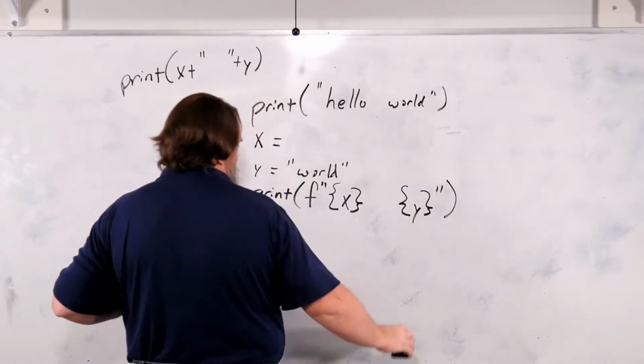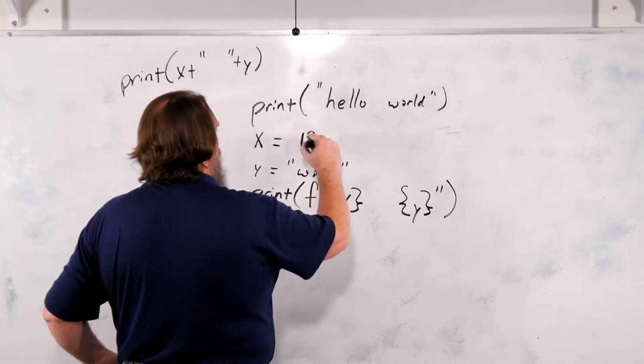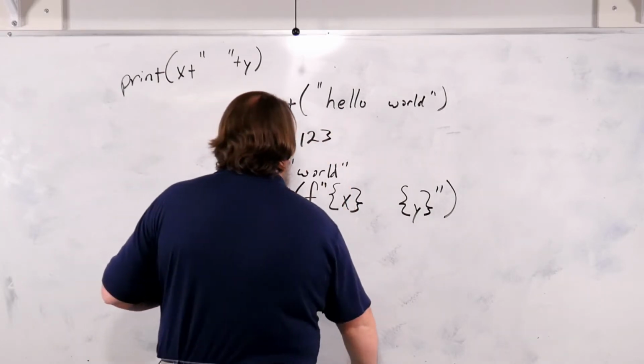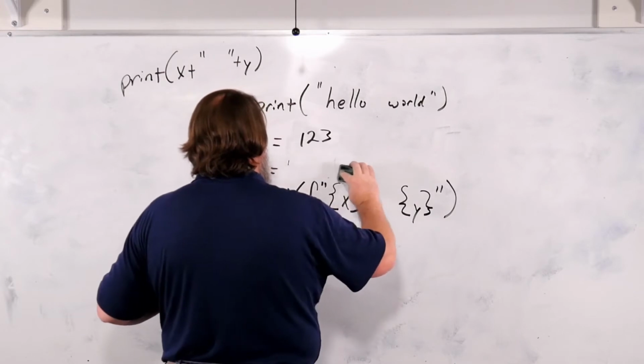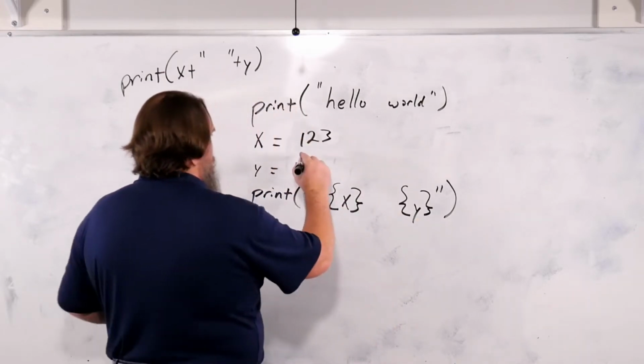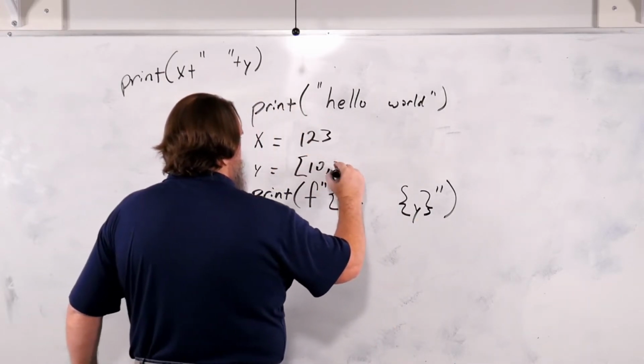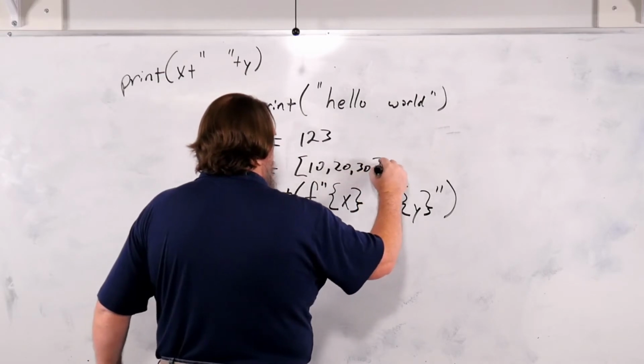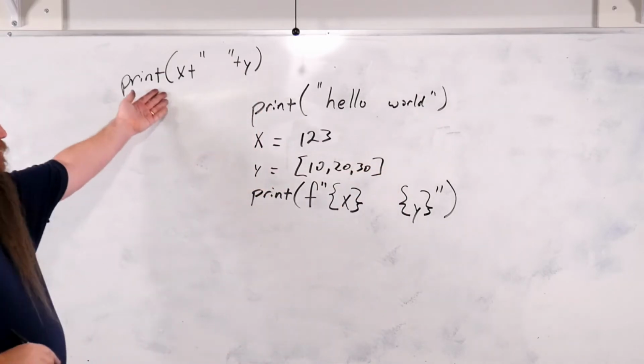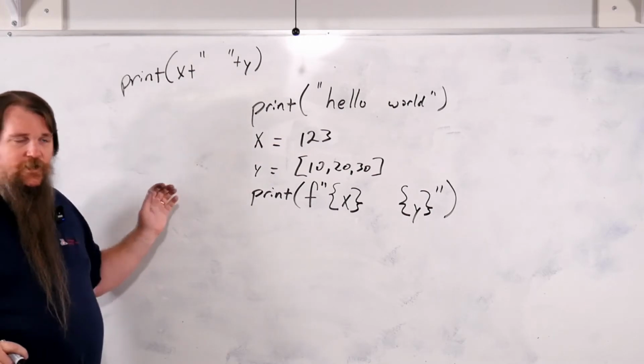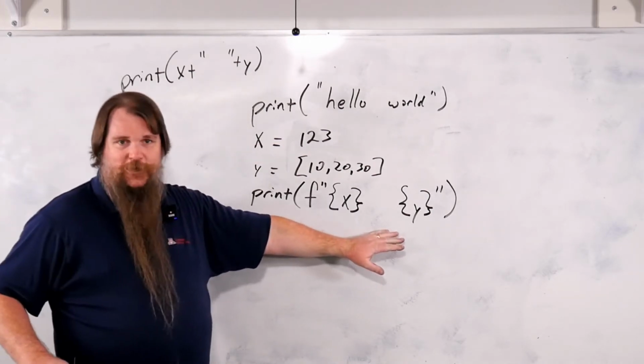So let's say x is equal to 1, 2, 3, and that y is equal to a list, 10, 20, 30. Well, in this case, our concatenation code would not work at all, but our F string works beautifully.